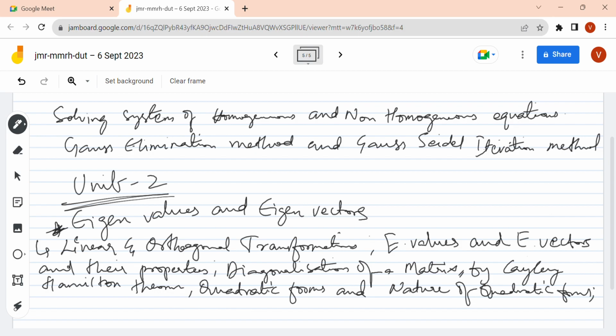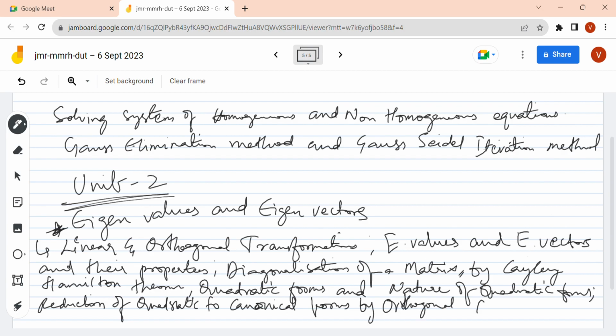Reduction of quadratic form to canonical forms. Quadratic to canonical forms by orthogonal transformation. Okay.